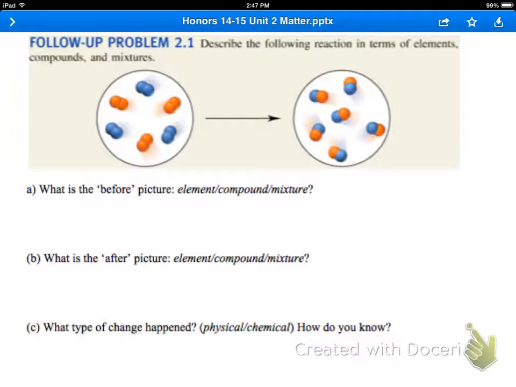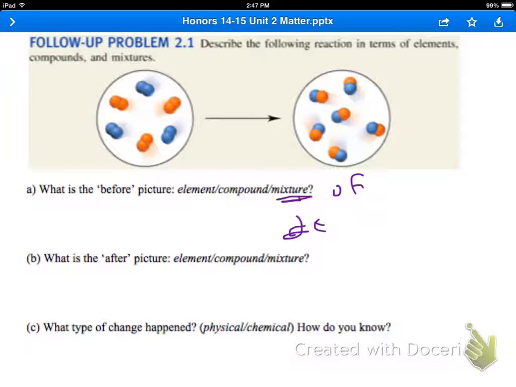Alright, so here we have a chemical reaction that occurs. So we have stuff here becoming stuff on the right. So in the before picture, we have a mixture of two elements.